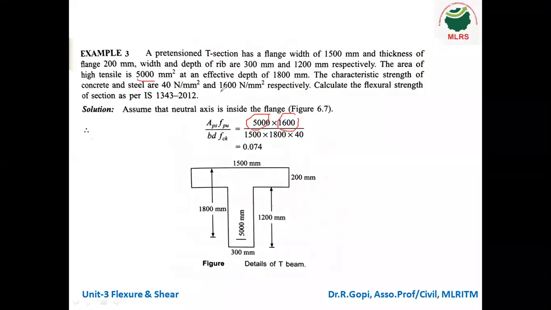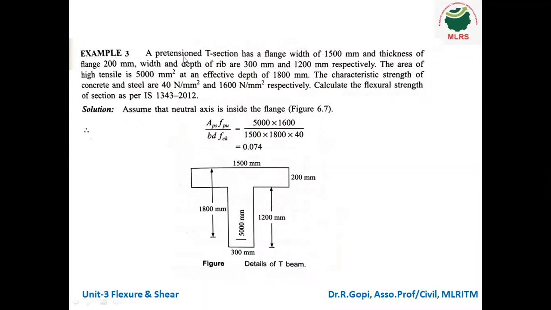B is the width of the flange, that means 1500, and D is the effective depth of the beam, 1800. FCK is 40, also given in the question. So find out the ratio. We got 0.074.